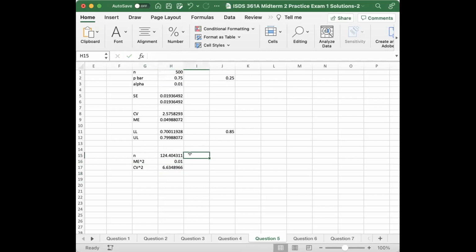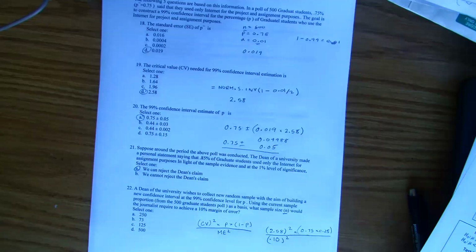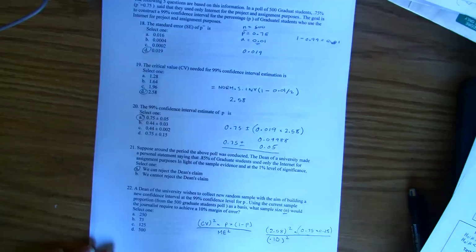We're always going to round up. If it's 124.7 or 124.4, 124.1, we're always going to round up for the purposes of this. So we're going to say it's 125. That's going to be our answer. So stop share. Let's go back to here. So the answer would be C, 125.